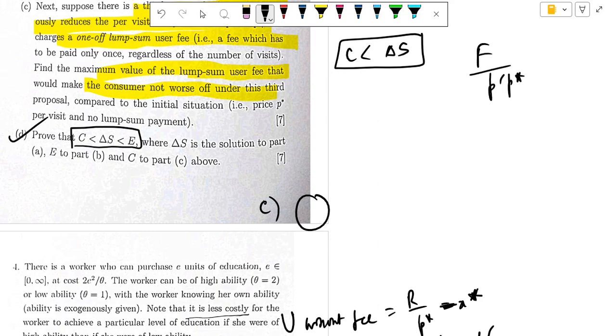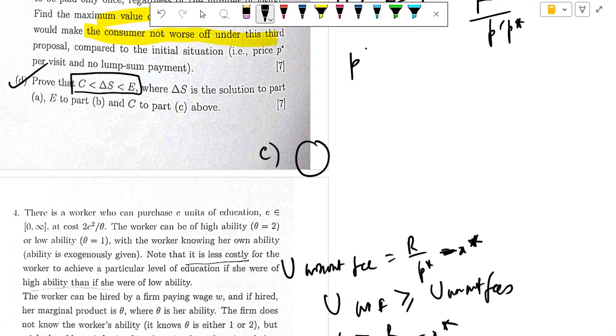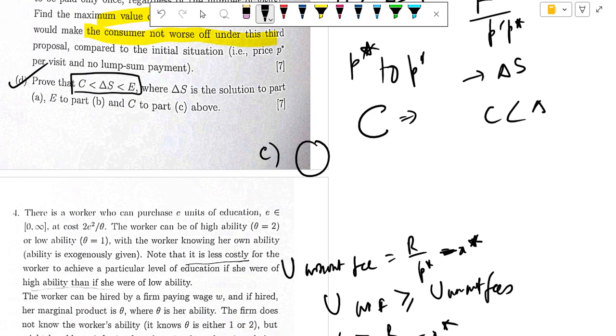Let's denote this value as capital C, and we find that the increase in the consumer surplus resulting from reducing the per visit entry from P star to P prime is delta S. Since C represents the maximum value of the lump sum user fee that would make the consumer not worse off, and delta S represents the increase in the consumer surplus resulting from the fee reduction, C has to be less than this. So the first part is established.